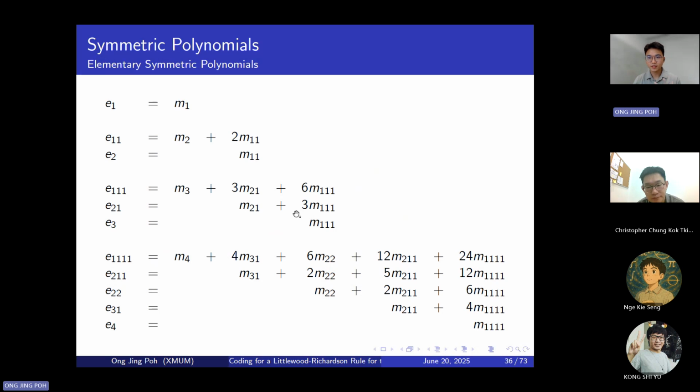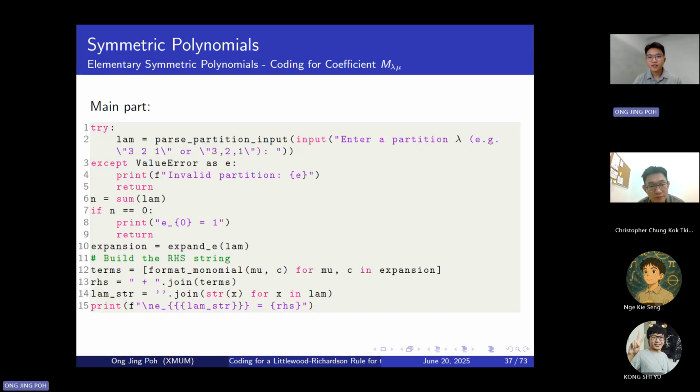And next, I will briefly present the code to compute this expansion for any lambda. Firstly, in the second line, the user can input the lambda they want, and we use the function parse partition input to standardize the input into one format. Then we consider a special case: if the user inputs 0, we just show e0 is equal to 1.